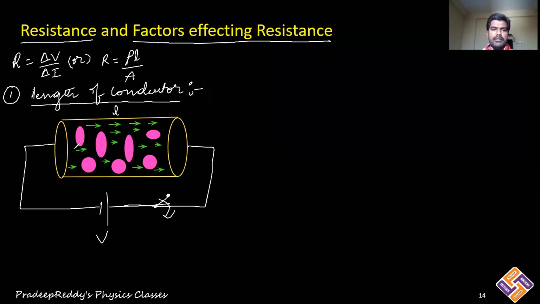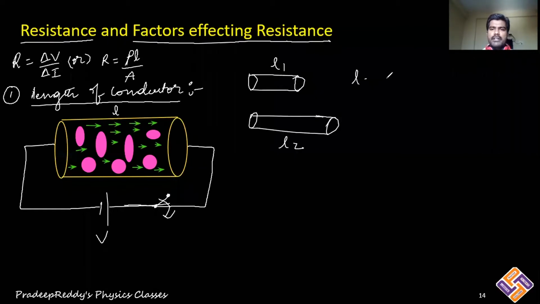Say this is a conductor of length L1 and this is another conductor of length L2. Clearly L2 is greater than L1.